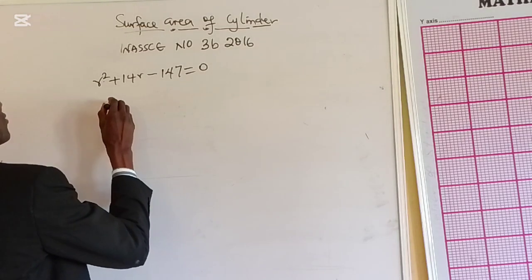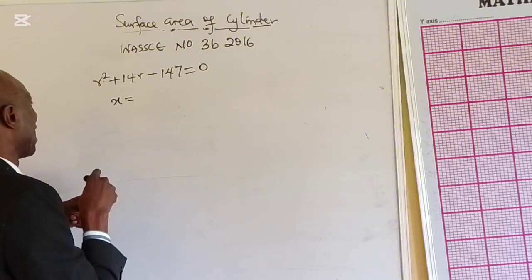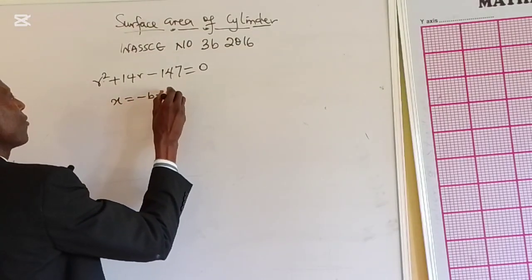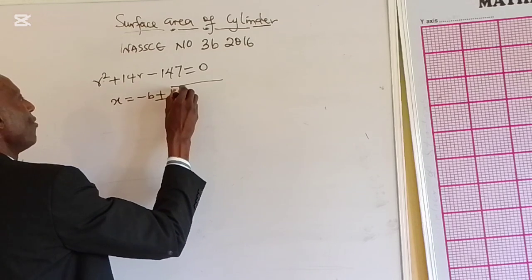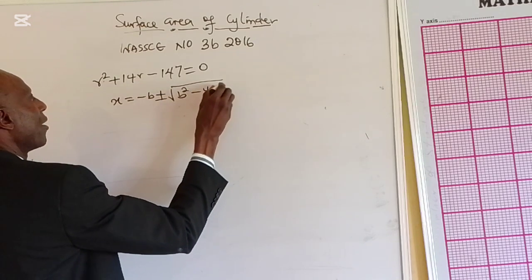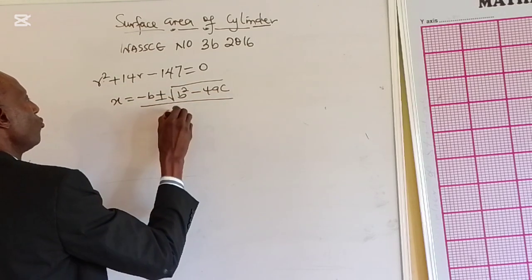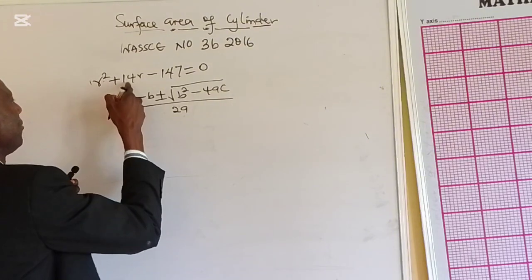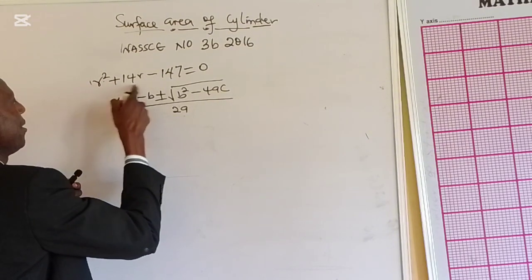Now, the formula method says x is equal to minus b plus or minus the square root of b squared minus 4ac over 2a. The coefficient of r squared is 1, b is the 14 here. Yes, a, b, c.